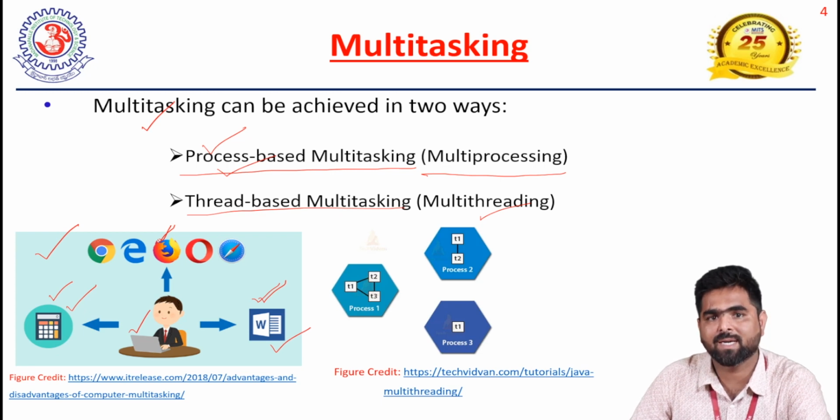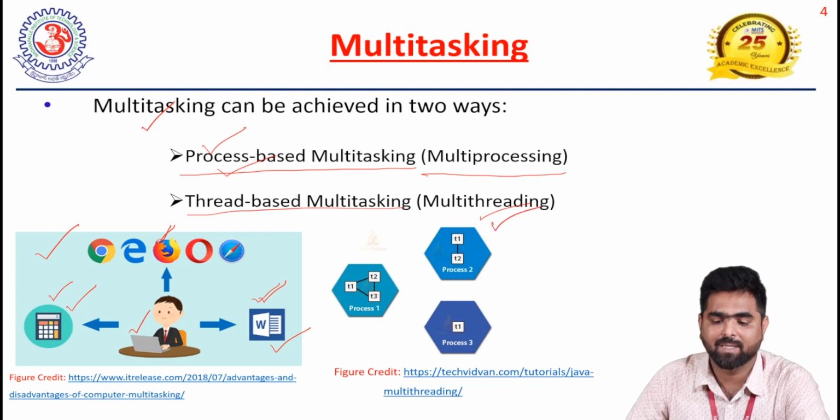When you are writing the content, the spelling of the word is auto suggested. So writing is one kind of thread operation and suggesting the spelling mistake is another thread. In the same process, different threads are executed parallelly. This kind of thing is called multi-threading.